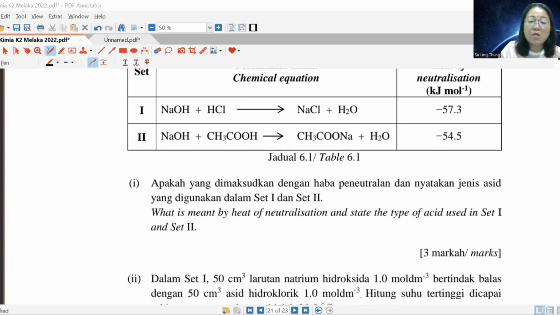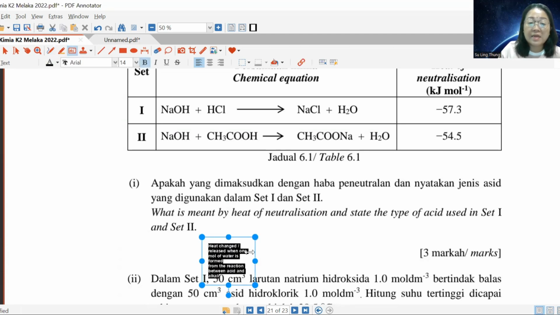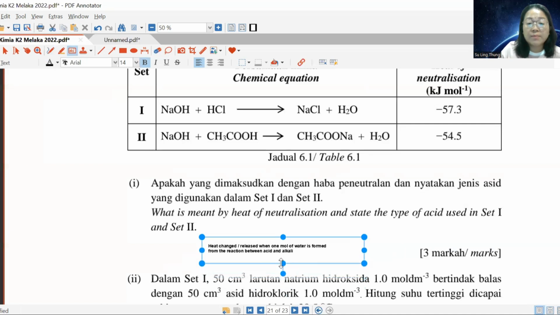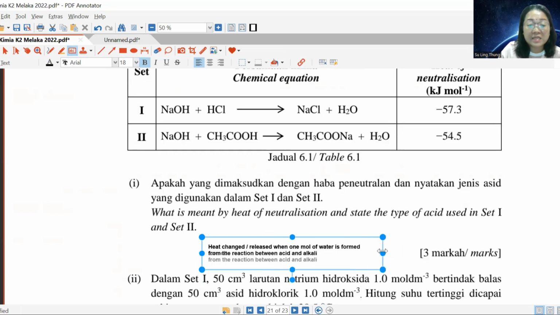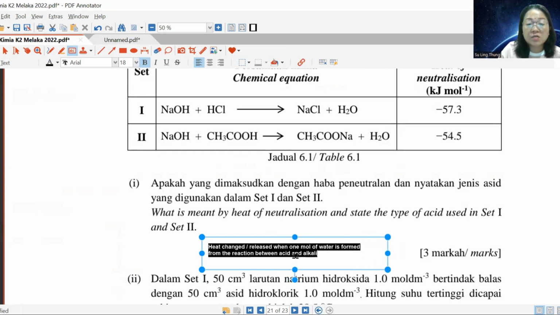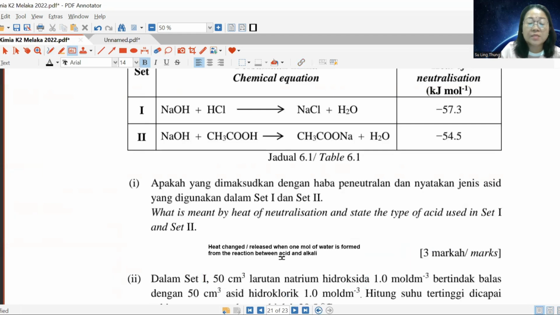Water is formed from acid and alkali. So in this particular question, you are to tell the meaning of the heat itself: the heat change or released when 1 mole of water is formed from the reaction between acid and alkali.